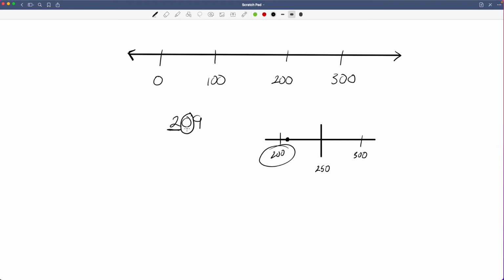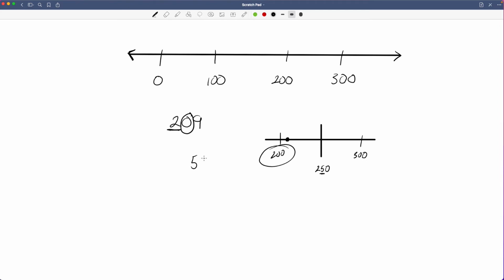We look at the digit here and we ask ourselves, is this 5 or more? Because 5 is going to be the number in our base 10 system that is in the middle. That's the halfway point. If you look right here, that next digit was a 5, 2, 5. If it is a 5 or more, we round up.